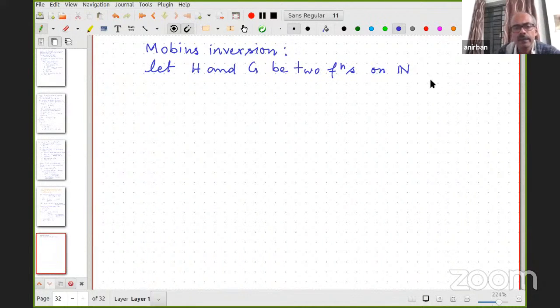Yes, you can actually take any abelian group in the range, but let's just consider these two real valued functions.